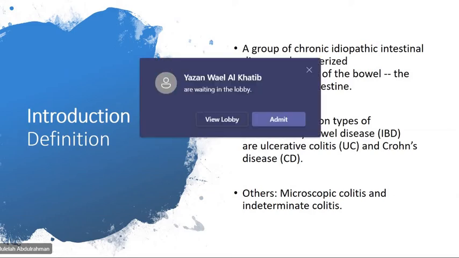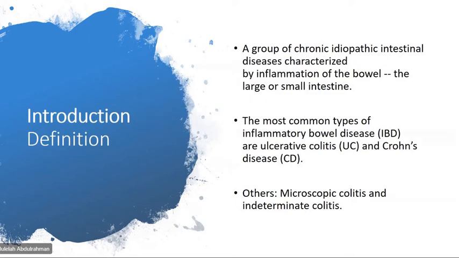Indeterminate colitis is a colitis where you cannot tell whether this is ulcerative colitis or Crohn's colitis. There are at least 10% of patients who come to you upfront, and you investigate, and you end up asking whether this patient's colitis is secondary to Crohn's or ulcerative. We call it IBDU, or inflammatory bowel disease unclassified.